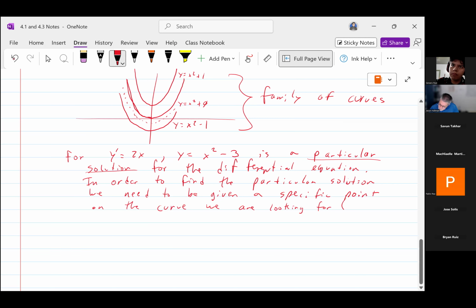This is sometimes called an initial condition. We need to know a value that is going to be on the curve so that we can isolate which specific curve we're looking for.